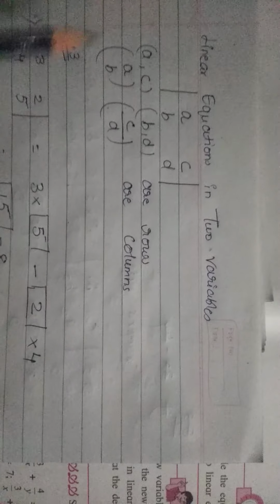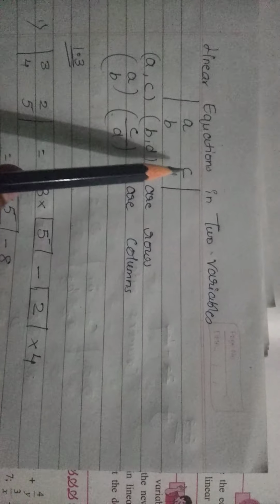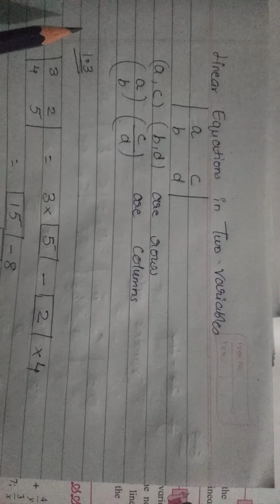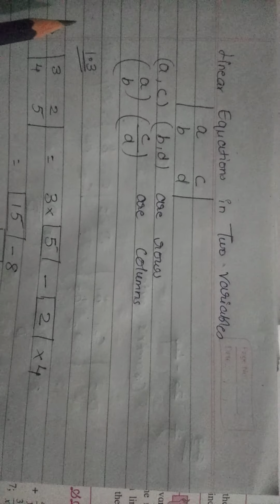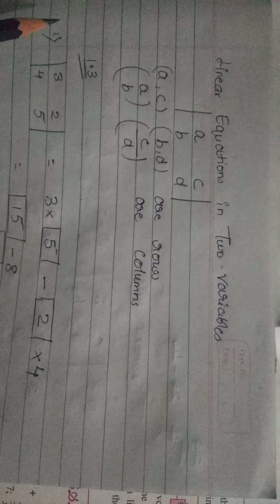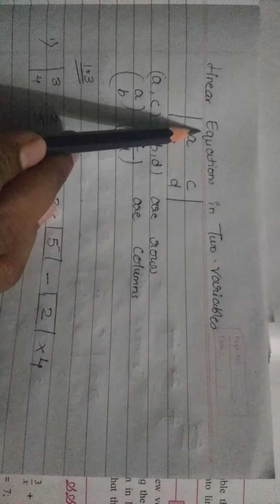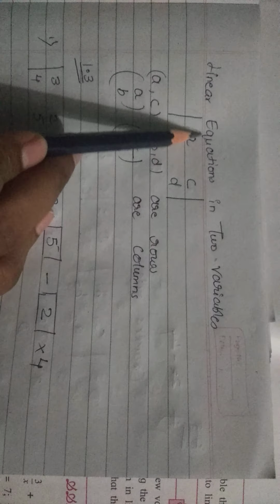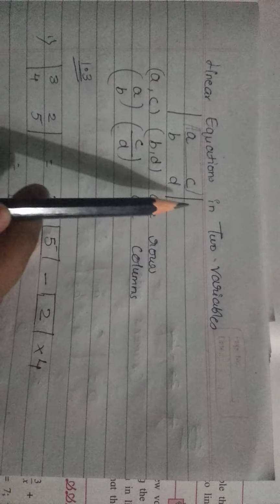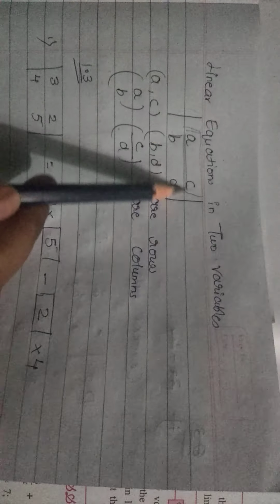So students, A, B, C, D. These are four alphabets I have written, and we have to find the determinant. A and C, and B and D: this AC, it is what? Rows, and BD, it is what?